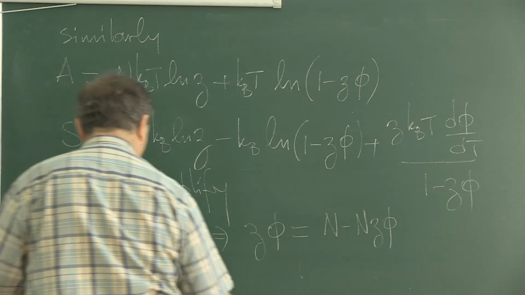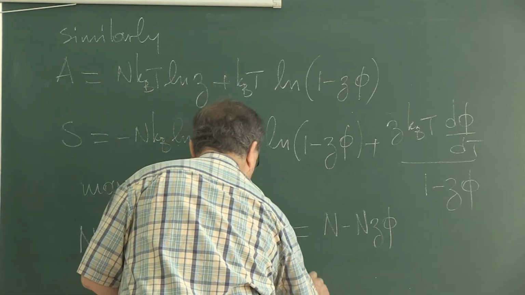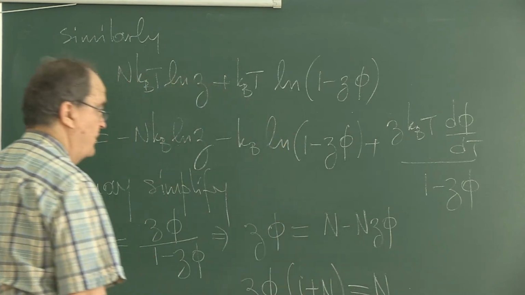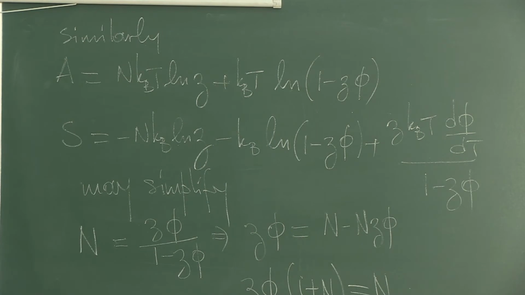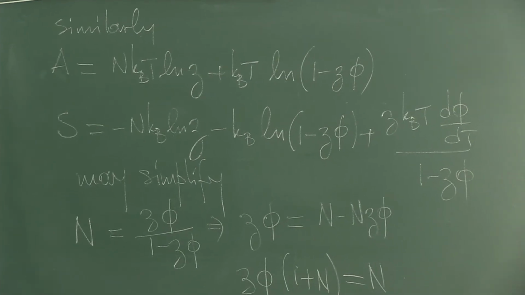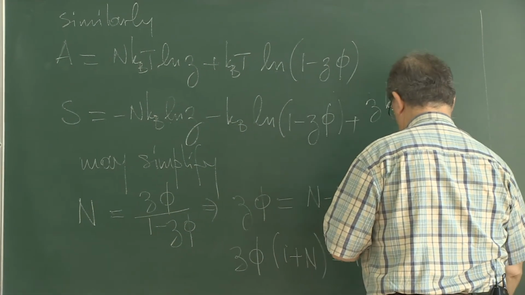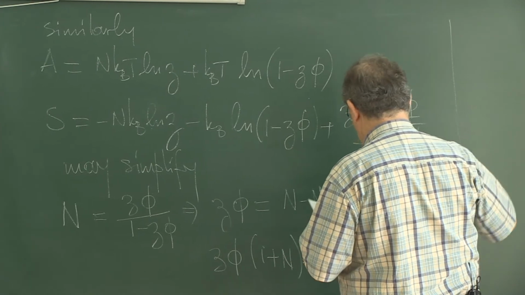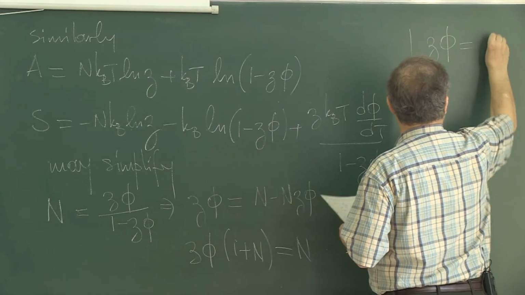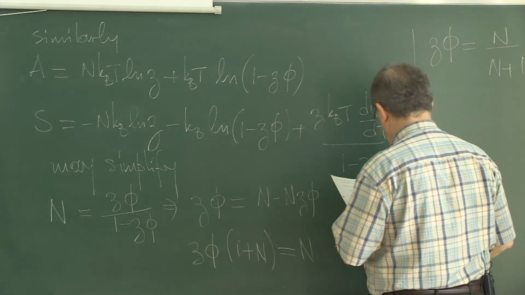Or z phi times (1 plus n) equals n. N is a large number, isn't it? So z phi is n divided by n plus 1.